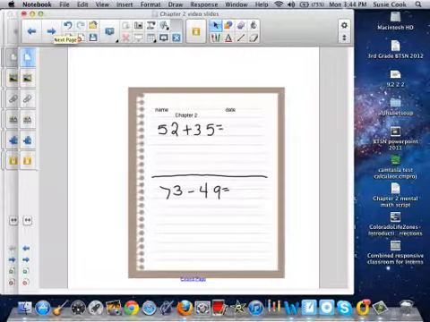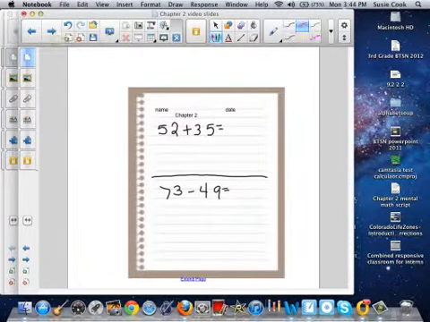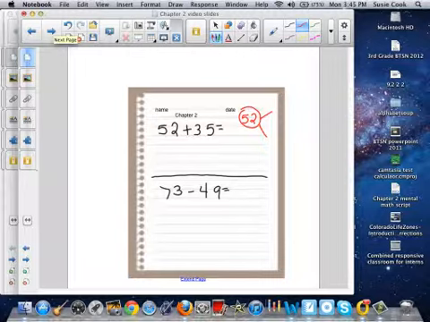Pause to work and make sure that your answer on the right side of your paper shows a number bond. A possible number bond, before you pause, might be a number bond for 52. And a possible number bond here might be for 49.